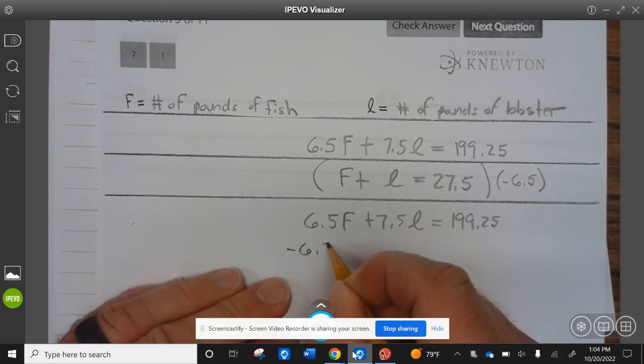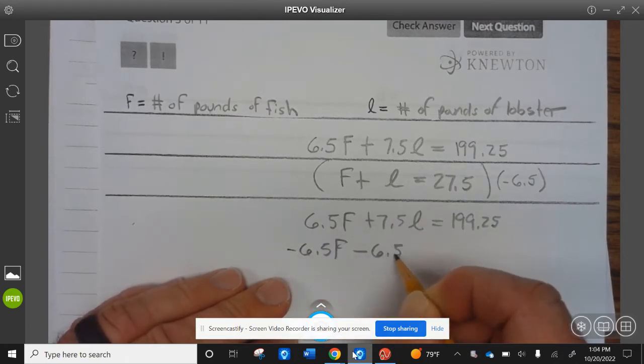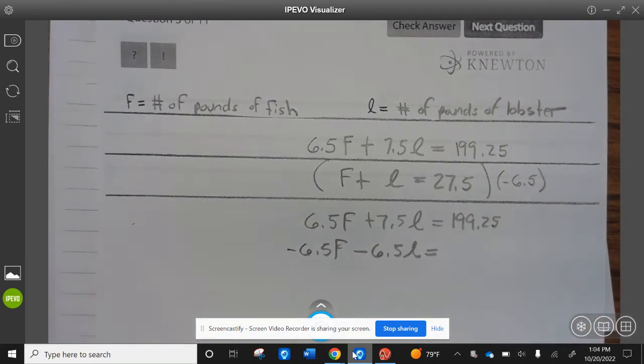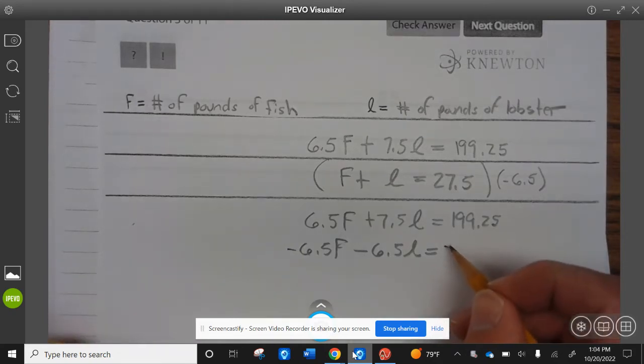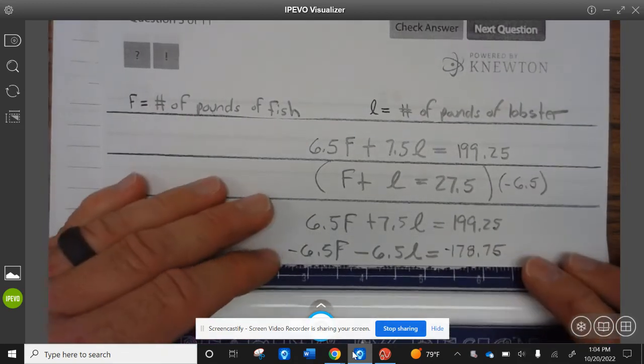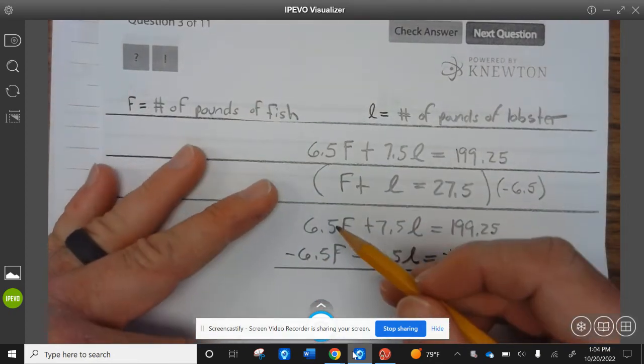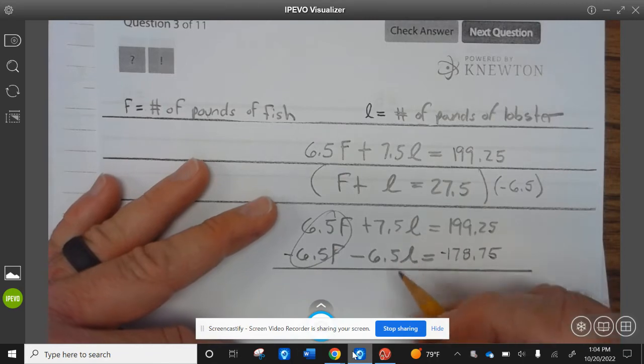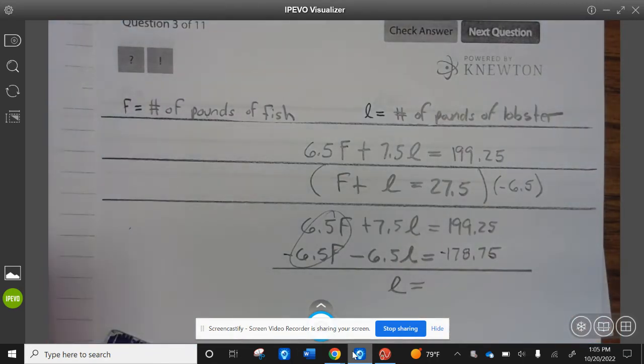Then that's negative 6.5F minus 6.5L equals negative 178.75. The F becomes 0, so then 7.5 minus 6.5 is just 1L equals 199.25 minus 178.75, which is 20.5.